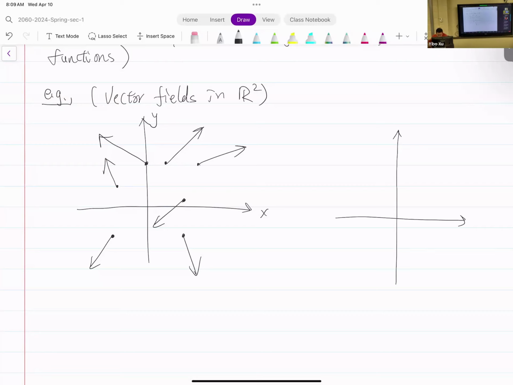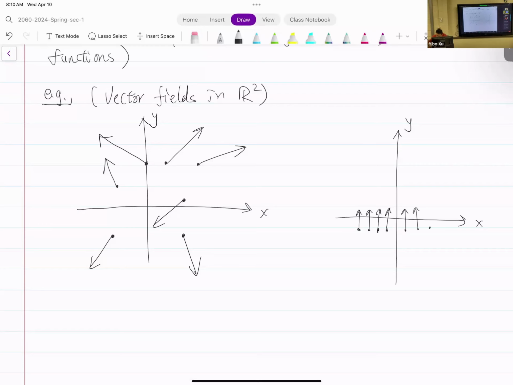Let's say if you are looking at the magnetic field, then basically those vectors are starting, let's say, from the South Pole and pointing towards the North Pole, right? So it's possible that for every location, it's going to have a similar kind of pattern.